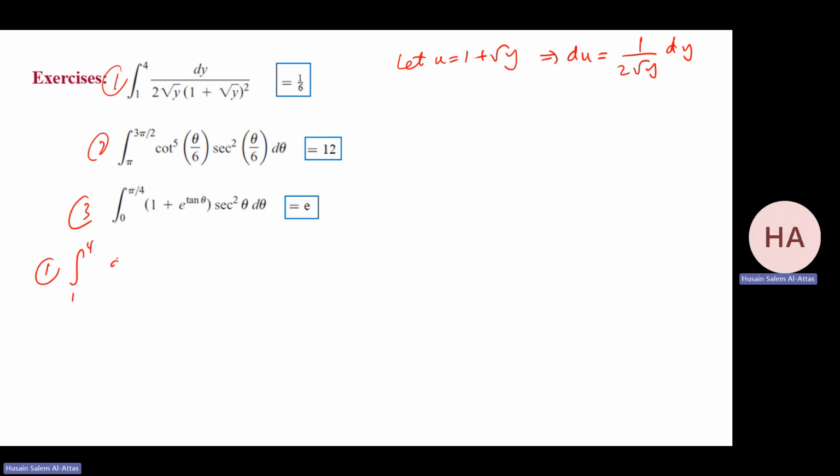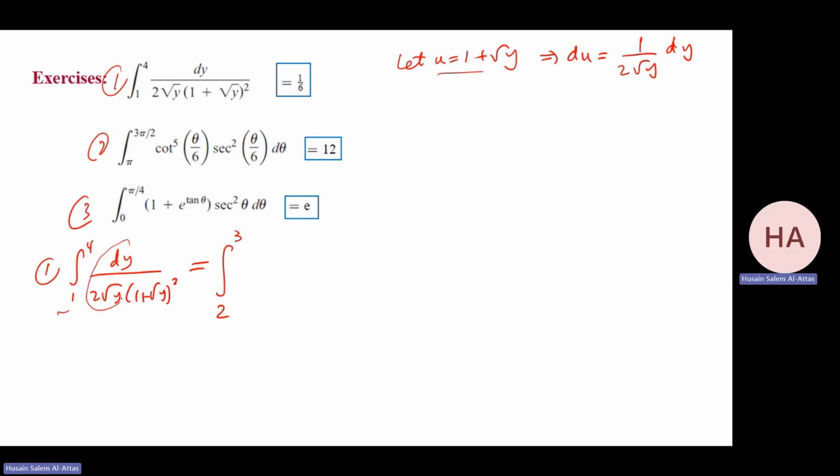The integral from 1 to 4 of dy over 2 square root of y, (1 plus square root of y) squared. That will be what? Do the substitution. Now we will do the substitution also with the limits. That will be 1 plus 1, which is 2, and square root of 4 is 2, so it's 1 plus 2, which is 3.